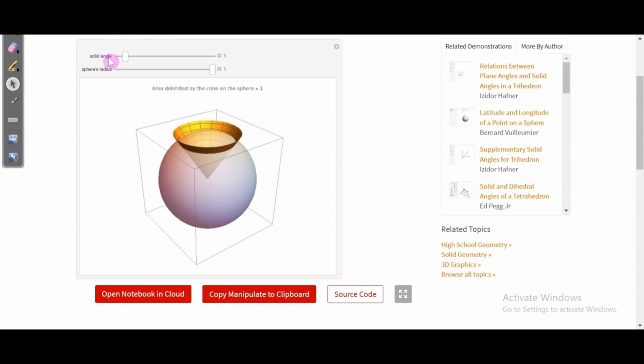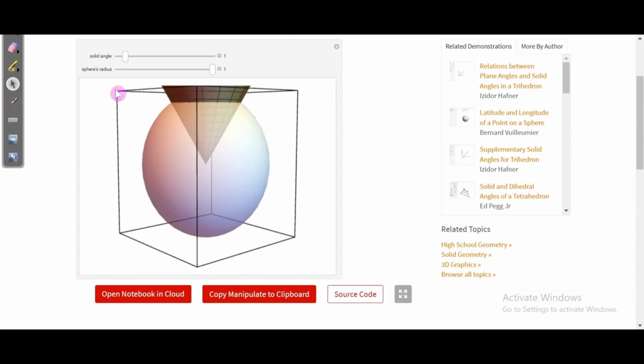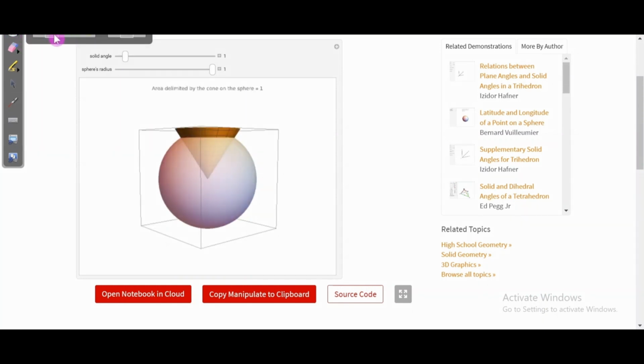And here the solid angle, meaning the steradian, we consider to be 1. So one steradian is actually, let's say I'm going to take, here we have the center of the sphere and the outer surface.